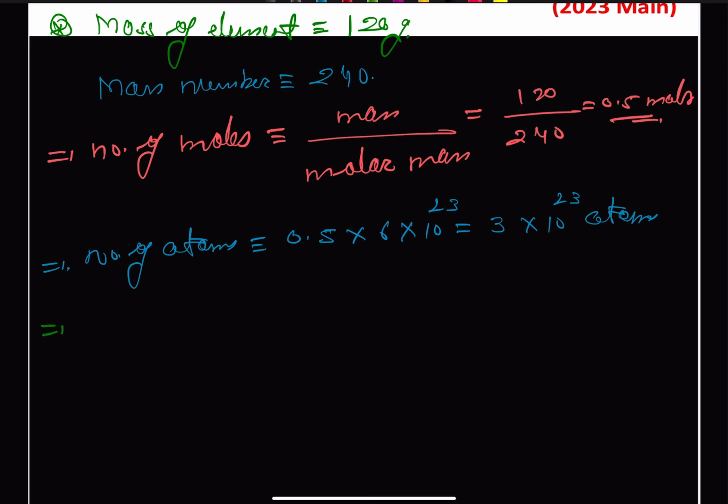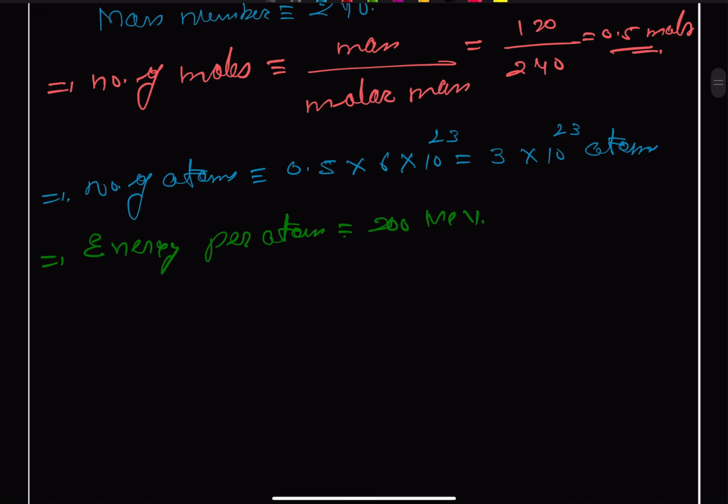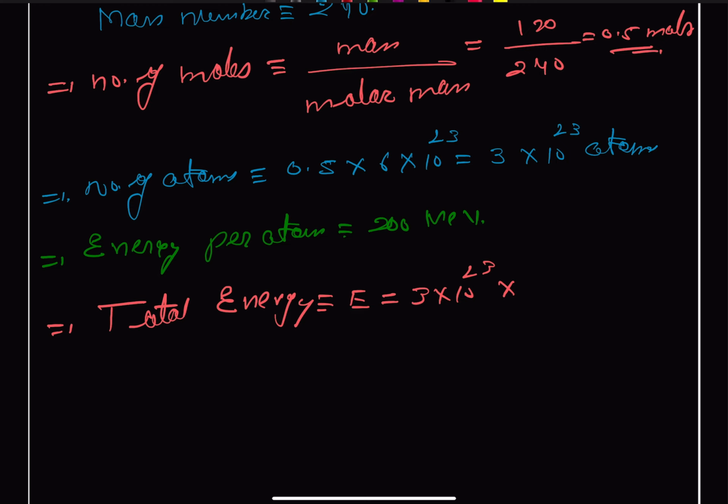Therefore we can say that energy per atom is equal to 200 mega electron volt. So total energy, we call this E. E will be equal to the total number of atoms, that is 3 into 10 to the power 23, and energy per atom is 200 mega electron volt, so multiply by 200.